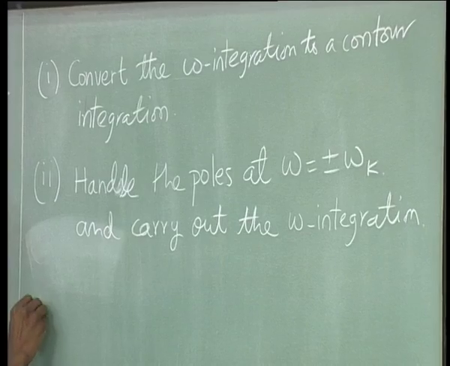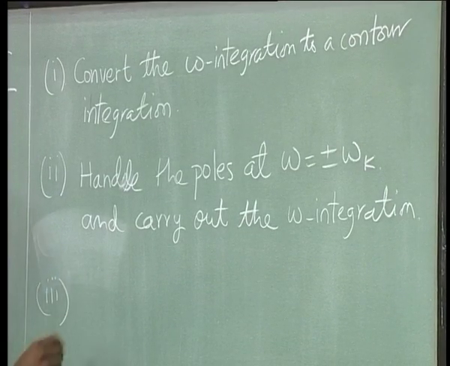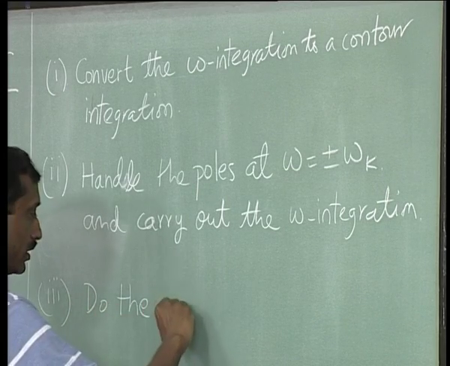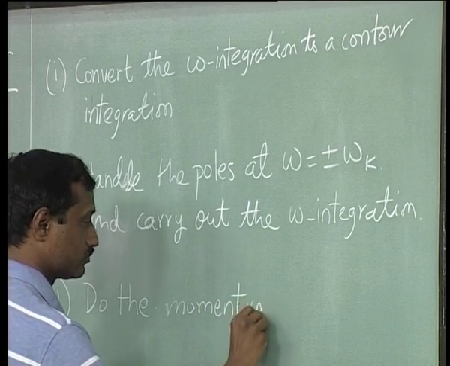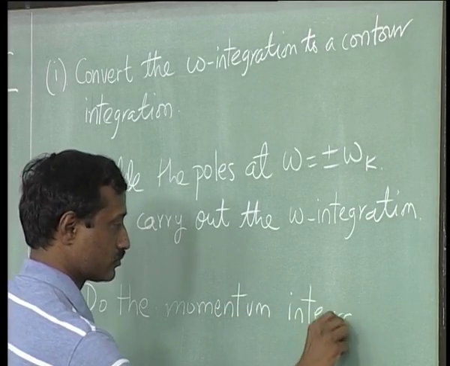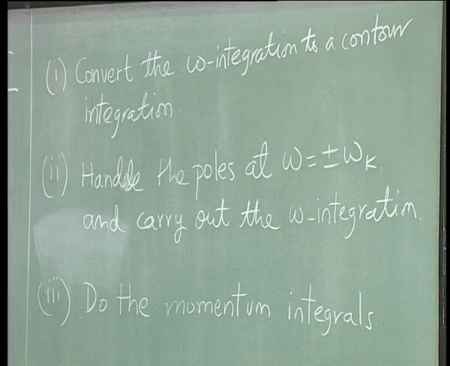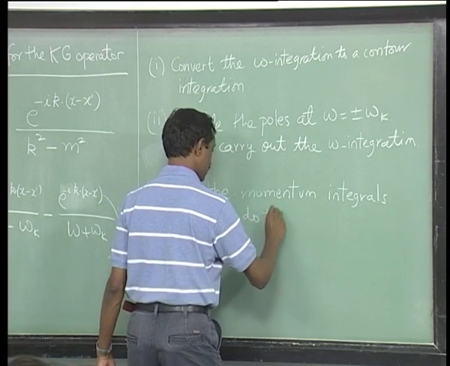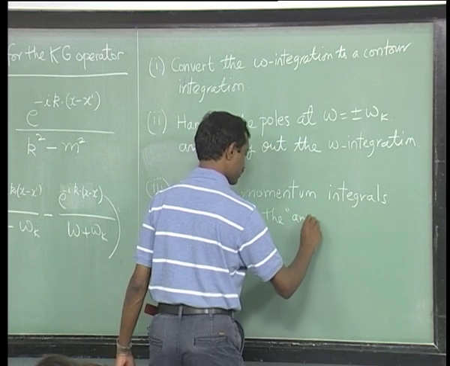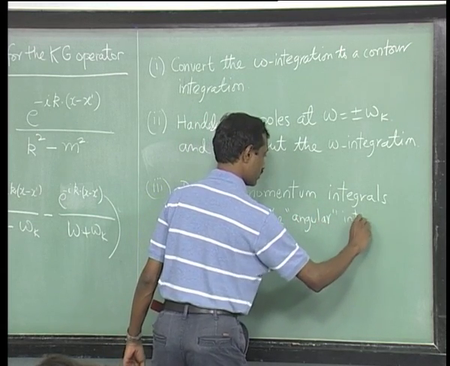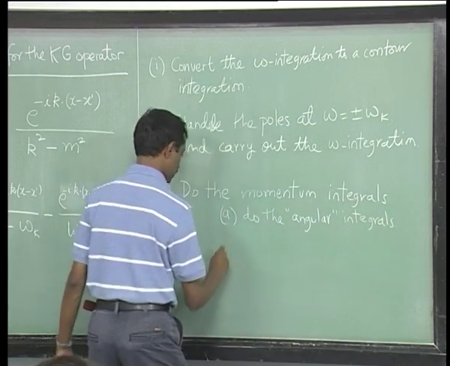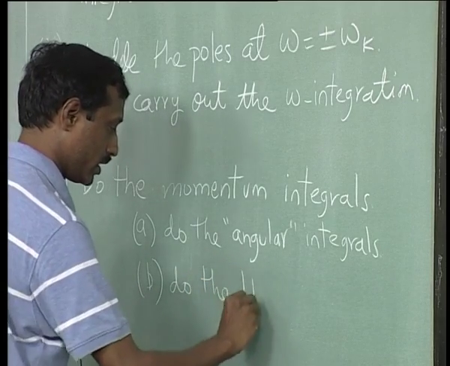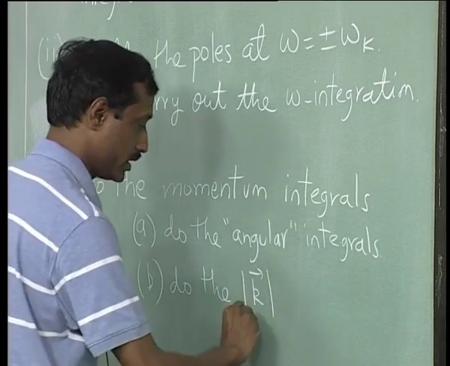Once we have done that, the next bit is to do the momentum integrals, which we will do in 2 parts. You have to do the angles, what I call the angular integrals. And the last bit is to do the mod k, or the radial integral in k space.